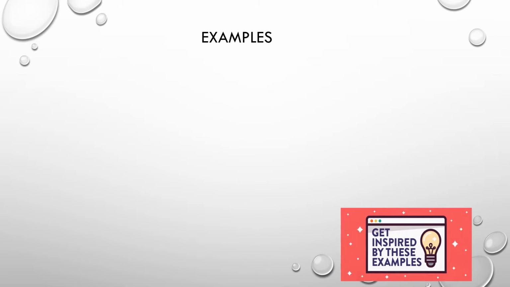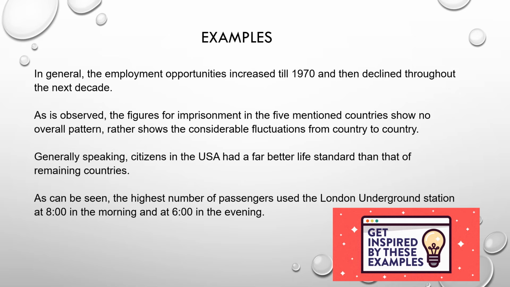and I can use it in certain examples. In general, the employment opportunities increased till 1970 and then declined throughout the next decade. As is observed, the figures for imprisonment in the 5 mentioned countries show no overall pattern, rather showing considerable fluctuations from country to country.